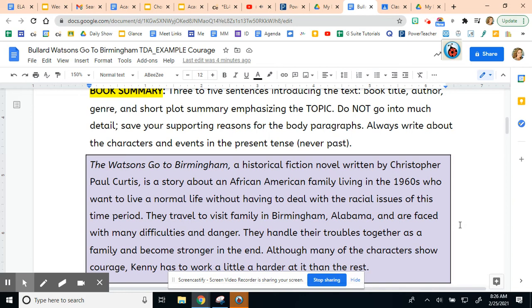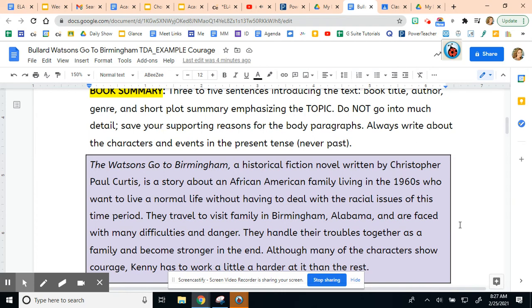Make sure that you're not using I, like the pronoun I. You're not going to use the word I in your essay at all, okay? So if you said I think or I liked this book, you need to take that out because that's not the style of this particular essay. When you write academic writing, you're not supposed to include I in your writing.